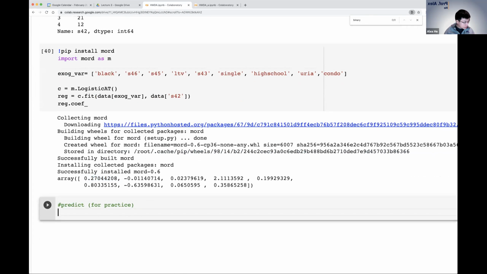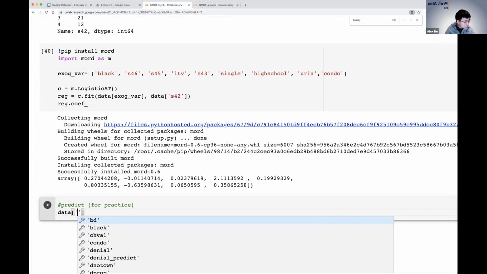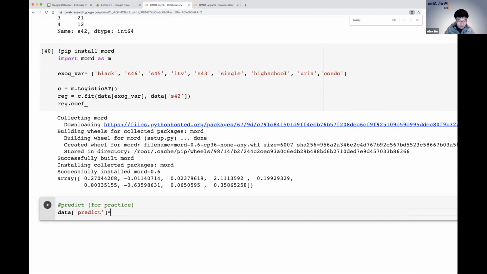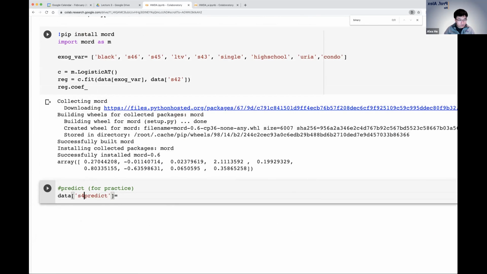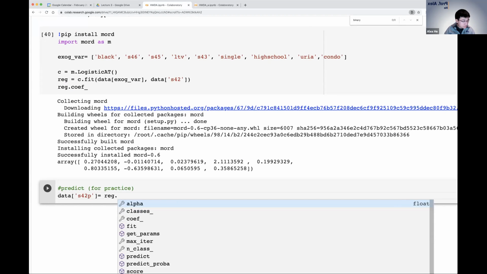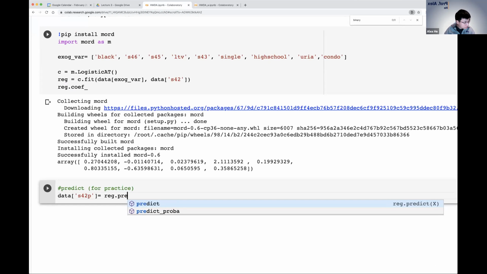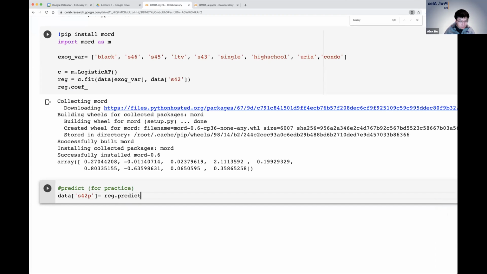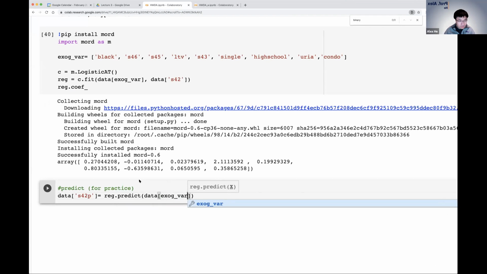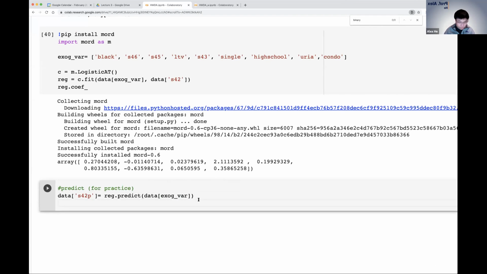And then you can also do prediction. So I'll just write it here. If you want to predict from that, let's call it S42 predict, or S42P, equals to... okay, so it looks very similar to before.